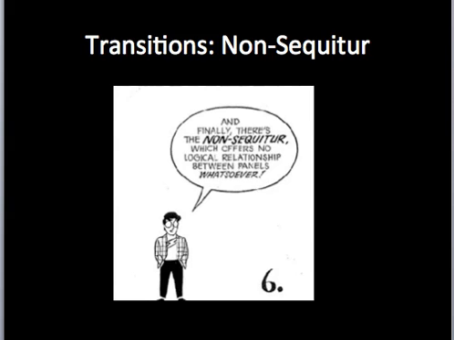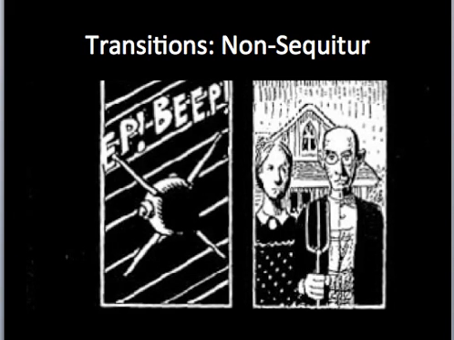Now there's the non sequitur, which offers no logical relationship between panels whatsoever. For whatever reason, these are used in graphic novels for issues of incongruence or various storytelling devices, but there's no logical connection between these two pictures of a bomb and a classic pictorial representation of farmers in front of their farmhouse.